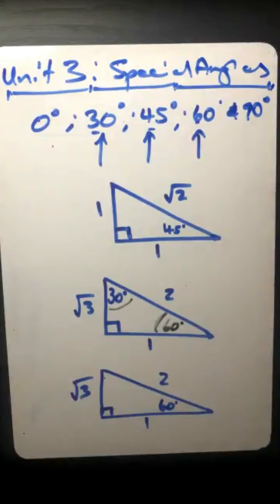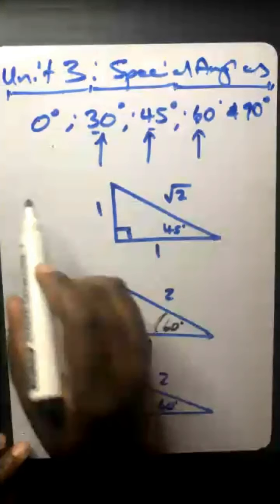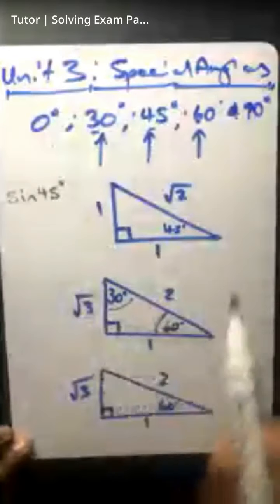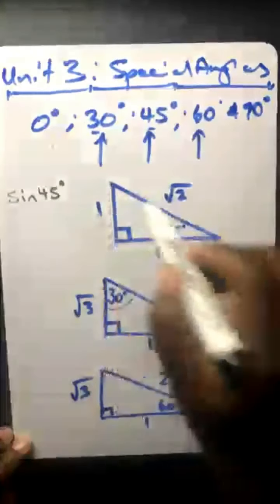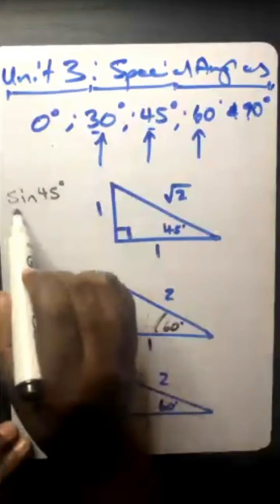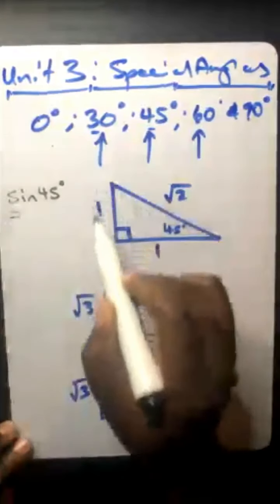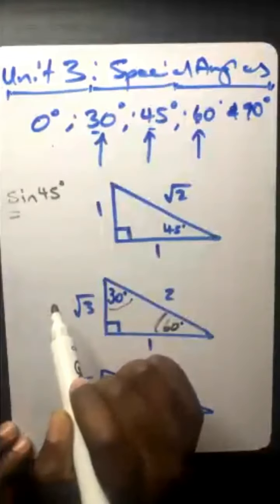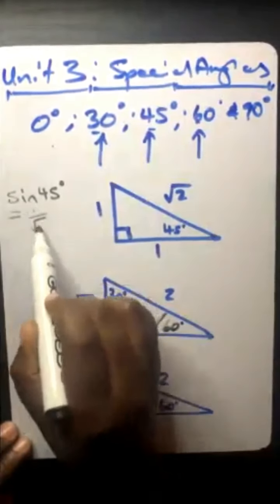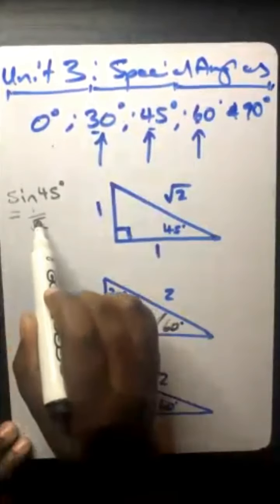You just need to know that, for example, if you have sine 45 degrees, you just have to draw that triangle and put in all of those. Then from there, for sine, you know it is opposite over hypotenuse, which means it's 1 over square root of 2.